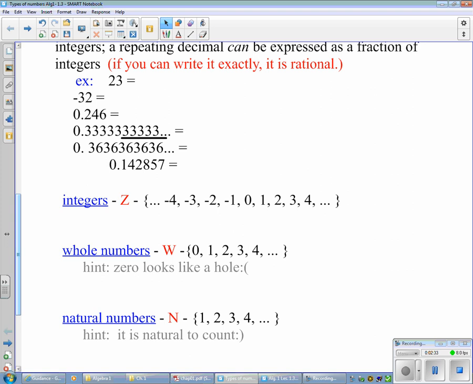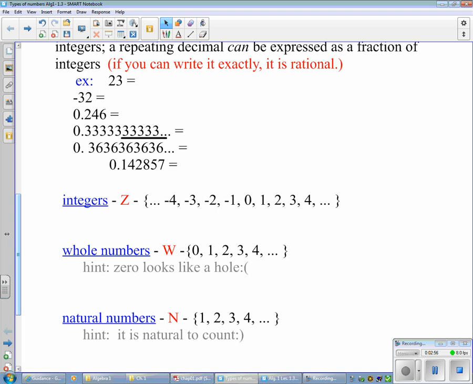Halves are not included, thirds are not included, anything in between those numbers are not included, but integers are all those positive and negative whole numbers.